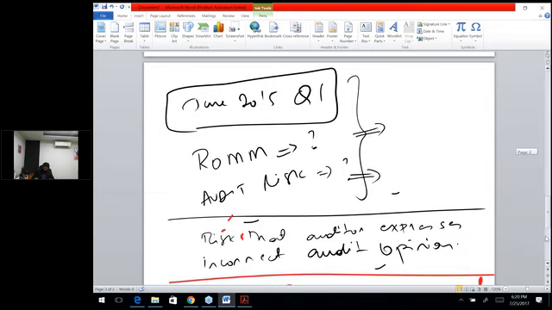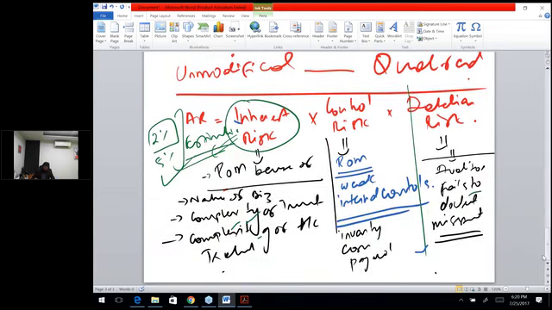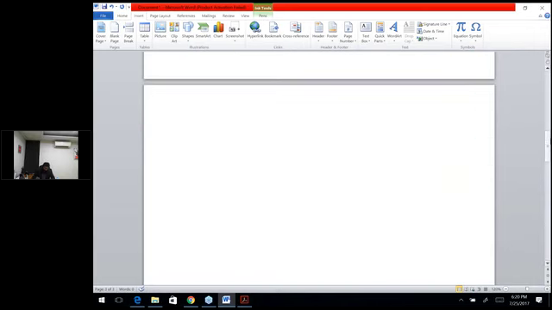Anyways, we talked about it, this is what the detection risk is. Now let's move forward and discuss further.